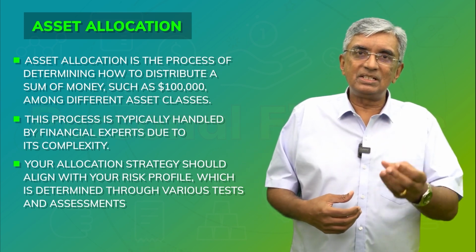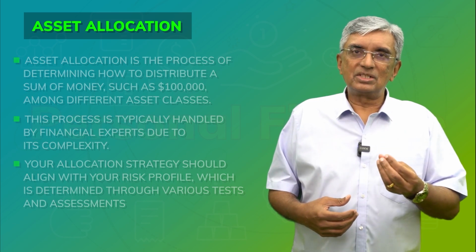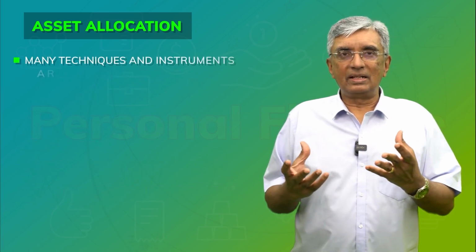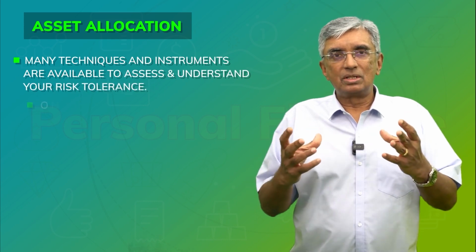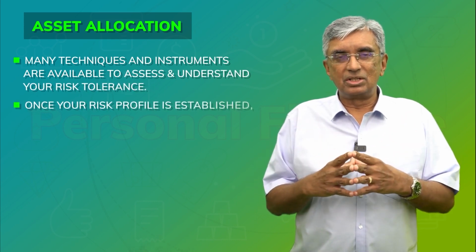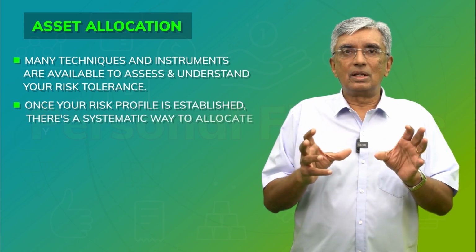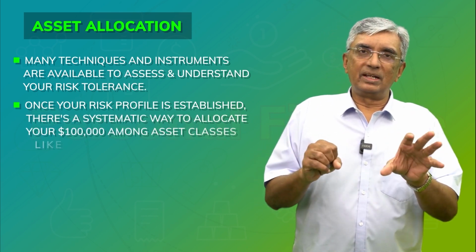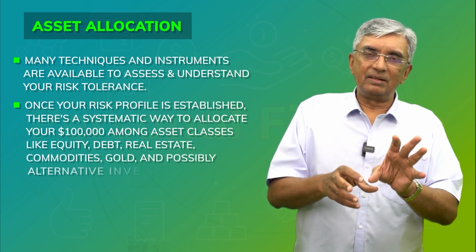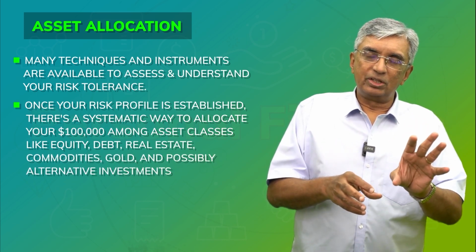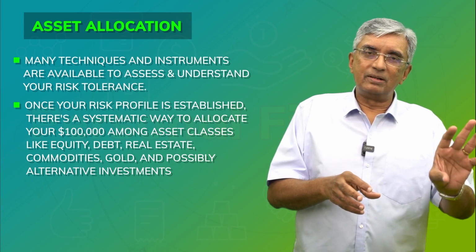It has to be teased out of the investor, and there are enough techniques and instruments available to do this. Once the risk profile is established, you then have a formulaic way of deciding how to allocate this $100,000 between equity, debt, real estate, commodity or gold, and maybe alternate assets as well.